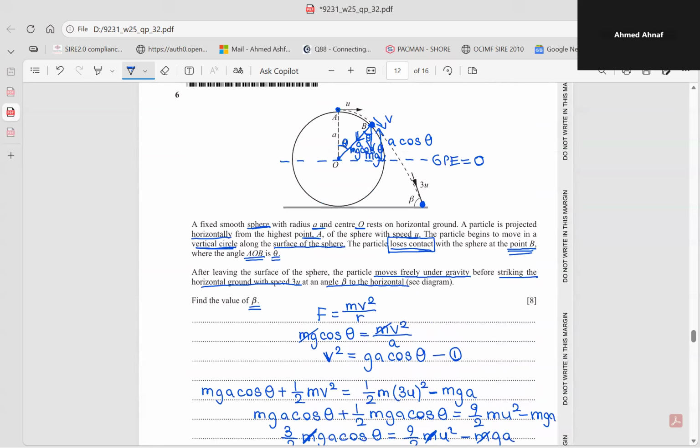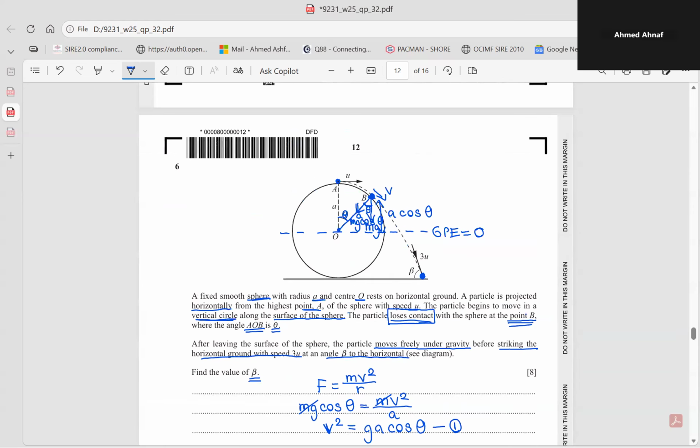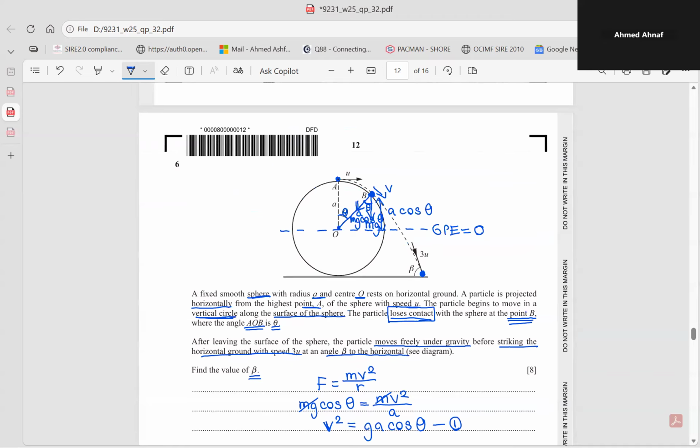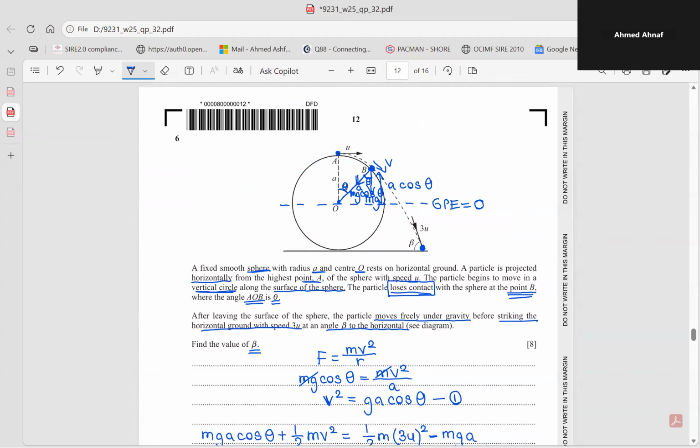The question says it moves under gravity, striking the horizontal ground at an angle beta. Since it's projectile motion and we know the height, and we know the initial and final velocity, we can easily find beta.